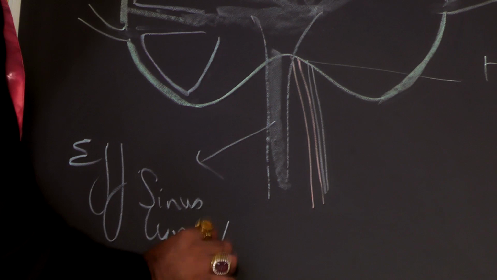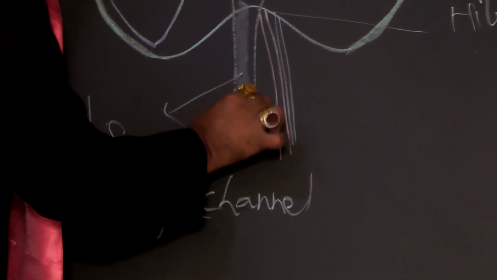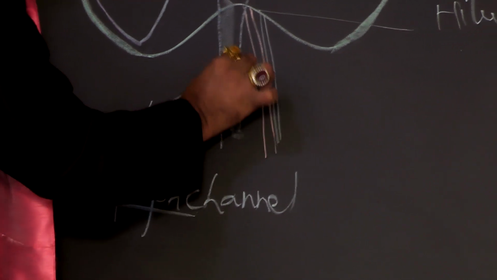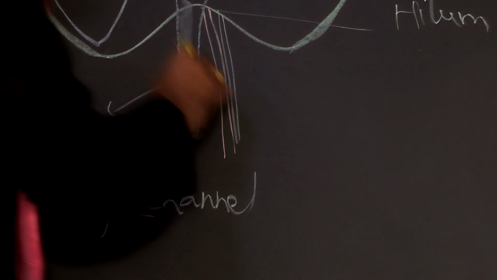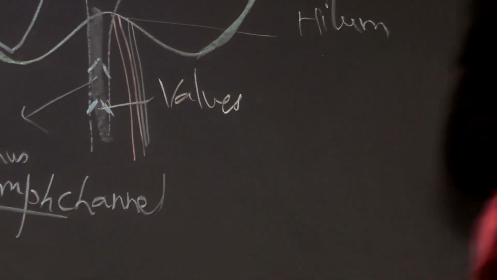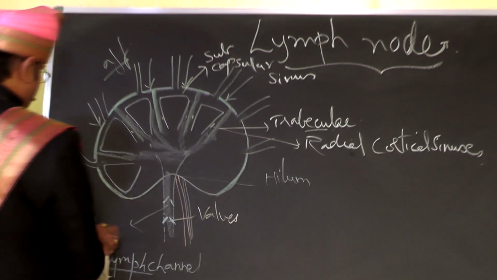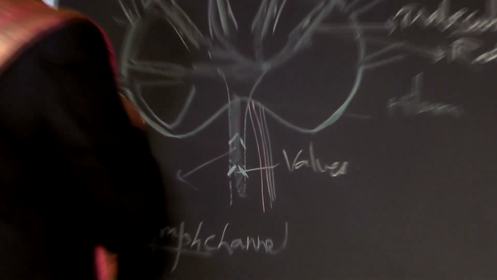Now you will call them efferent lymphatic channel. You don't call them sinus now. Here the efferent lymphatic channel has valves also. Are you able to understand what I am trying to draw? We are trying to draw the efferent lymphatic channels which are coming out of the hilum.